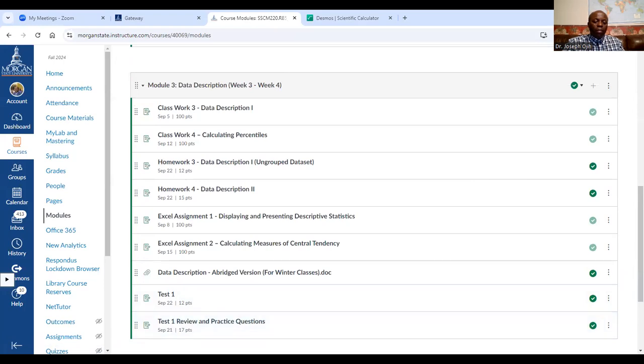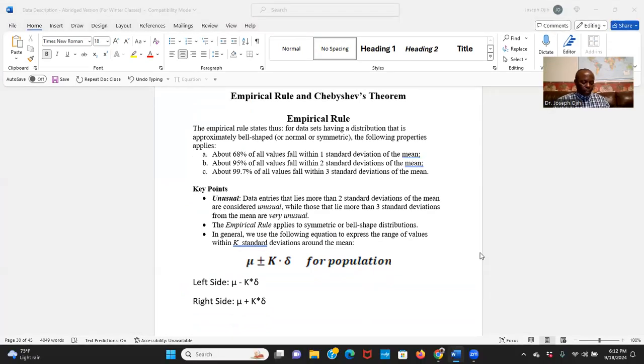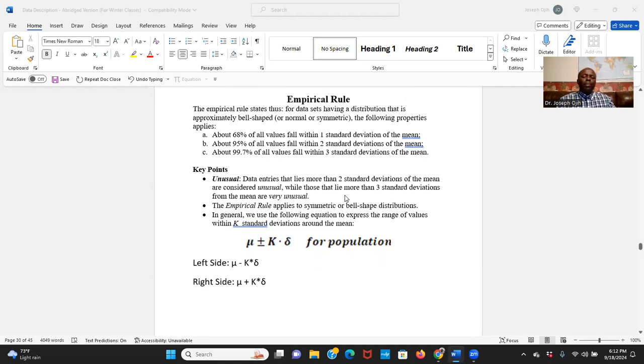So having said that, let's go to what we have today. We finish data description today, and then move on to the theory of probability. So let's begin: the empirical rule and Chebyshev's theorem. Let's start with the empirical rule.